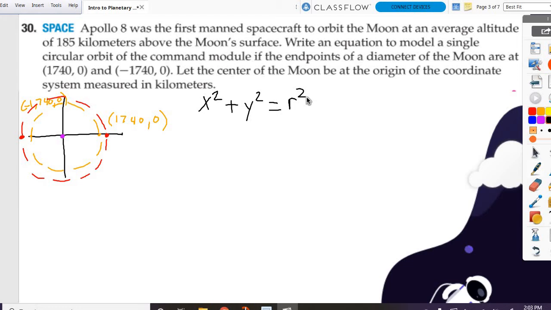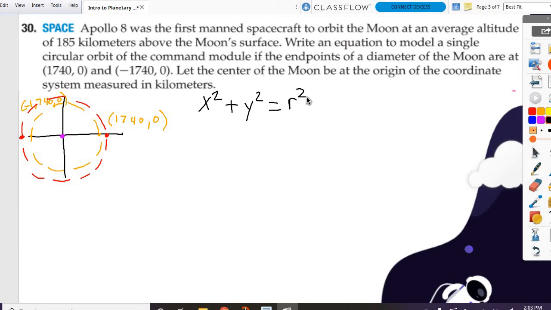So the important thing is going to be to find that r squared.